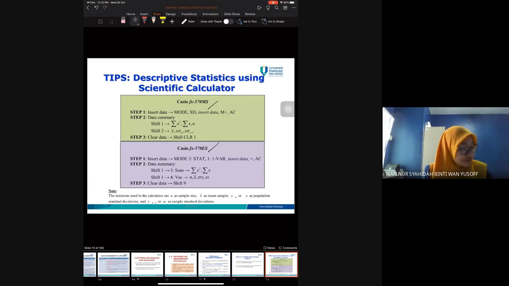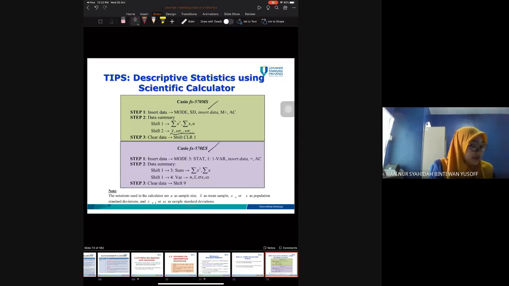In your calculator, there will be two values. If you can see here, x bar is for the mean. It doesn't matter whether the data that you have is population data or sample data, you will get a similar value for the mean, because we have a similar formula for the mean.